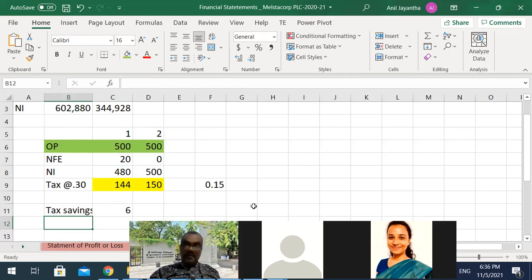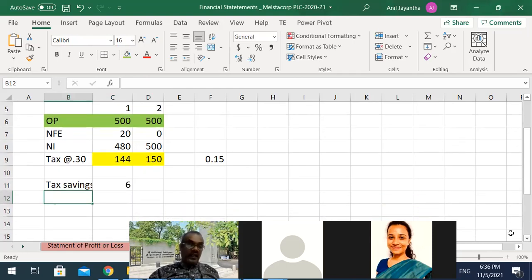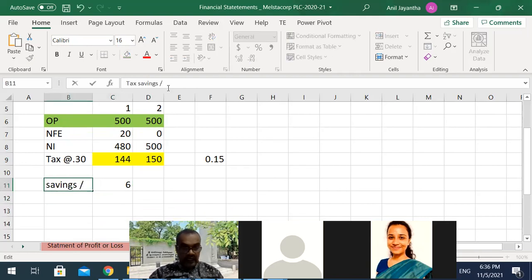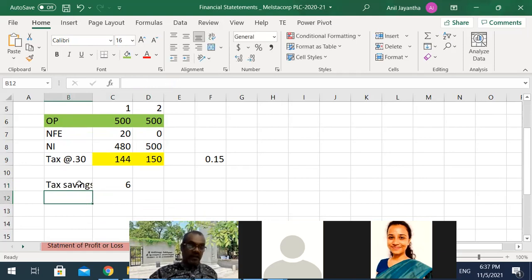Is that clear? That is a benefit, indirect tax savings. Sometimes we use another word: shield, protection, tax benefits, tax savings, likewise.